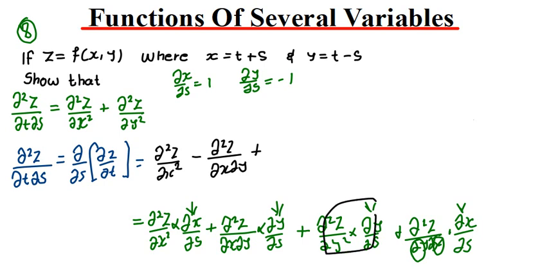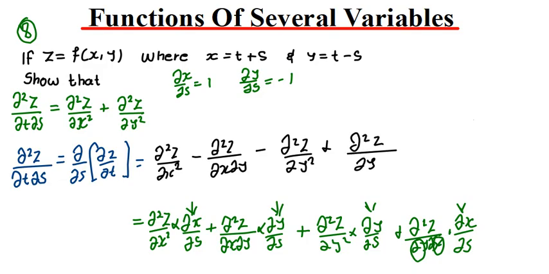So for this one, here partial of y with respect to x is a negative, so this is also going to be a negative. Second partial there with respect to y. Then for this one, this is going to be positive. That would be plus, because partial of x with respect to s is a 1. So you're just going to have the second partial there, then you have your y and your x.